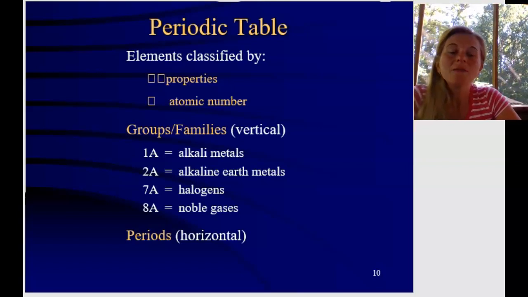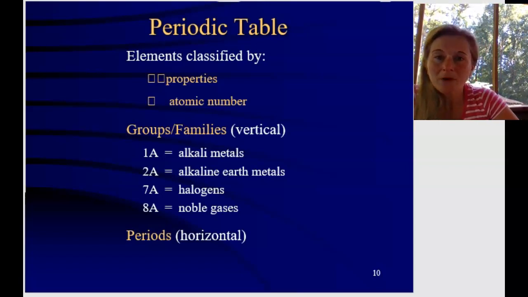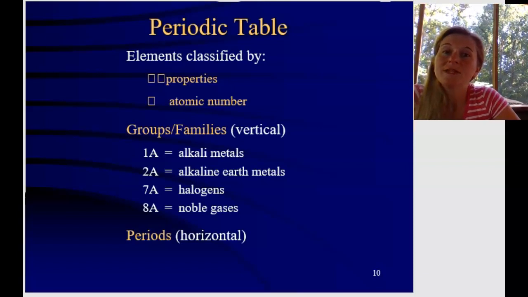So elements are put into the periodic table based on their atomic number and their properties as they fall into their groups and families. And hopefully you remember in Chem 1 that what groups and families, those vertical columns, have in common is the number of valence electrons.